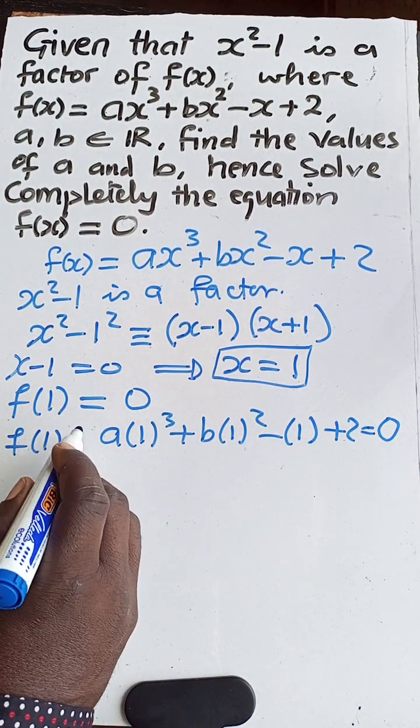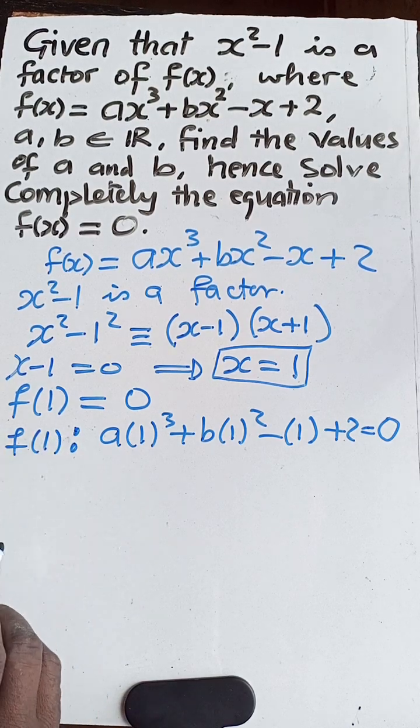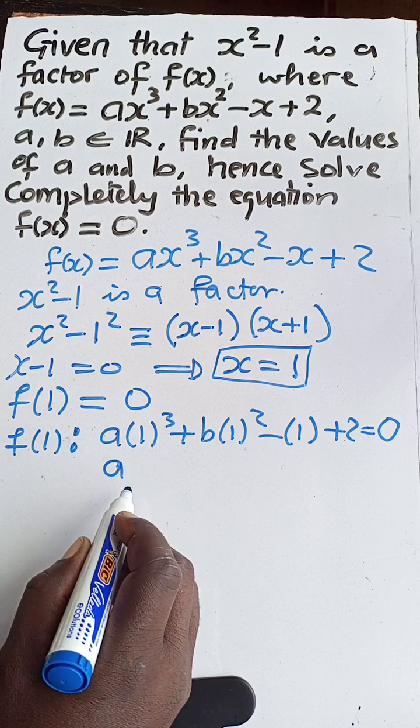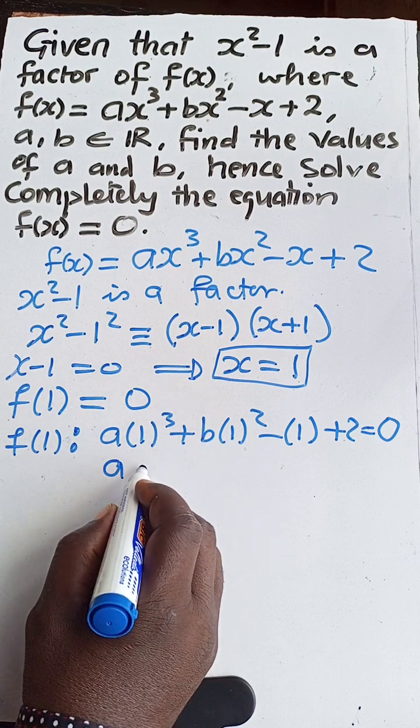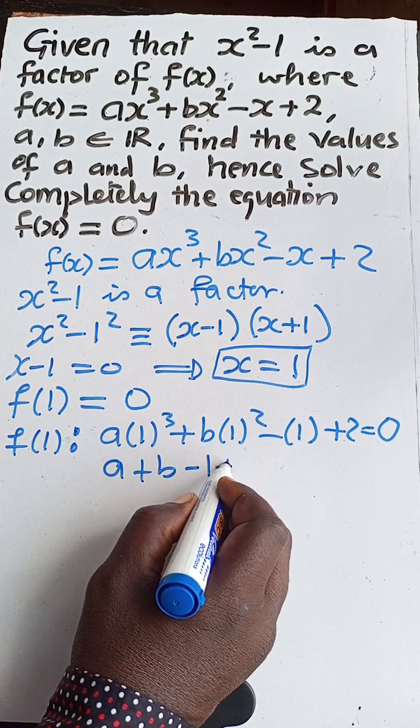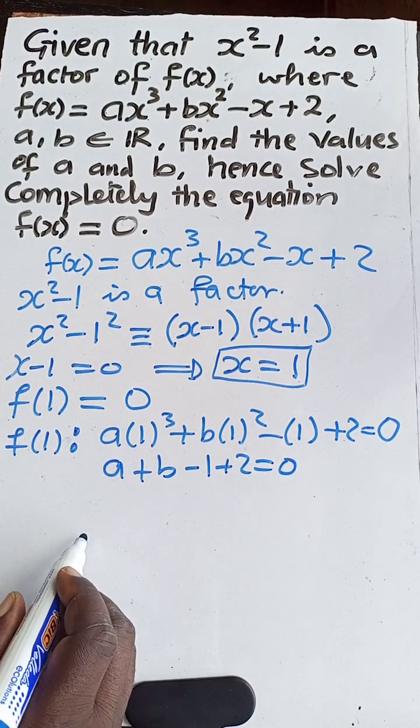Okay, so let us put a column here, f of 1. All right, 1 cubed is 1, multiplied by a is a. 1 squared is 1, multiplied by b is b. And then minus 1 plus 2, we expect that to be 0.